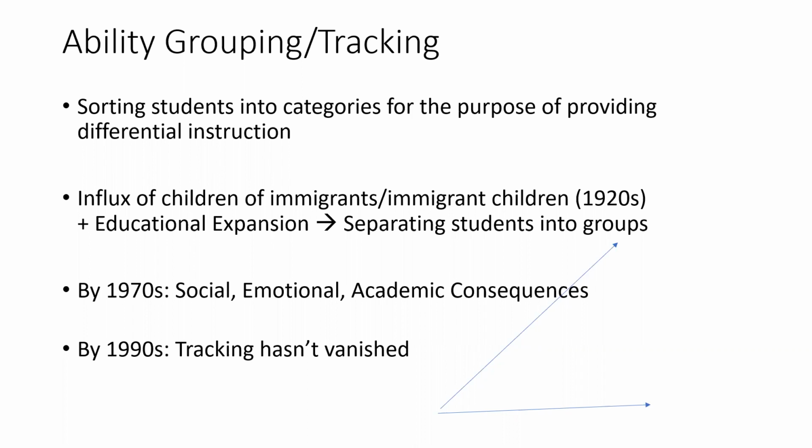So when we talk about tracking students, that's where you can see the distinction between, say, a regular history course and an AP history course, or if you're in middle school, a regular history course and a pre-AP course. A regular math class versus an advanced math class. And so tracking is when you're sorting students by classroom, not within a classroom.